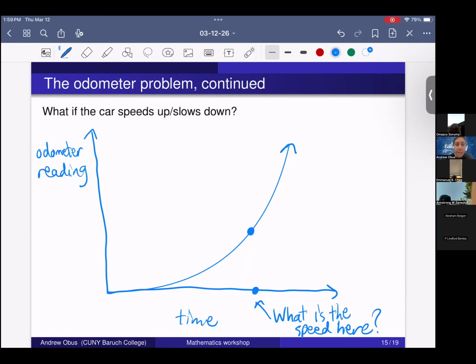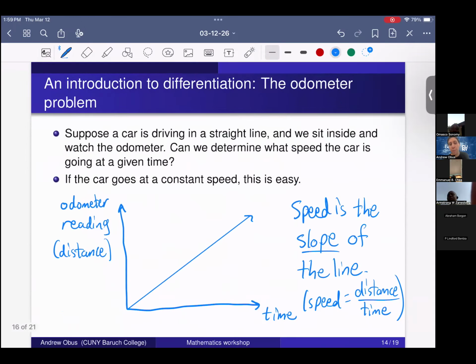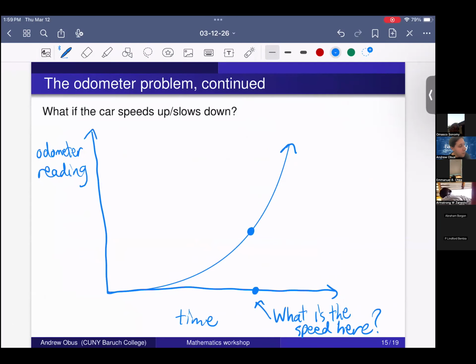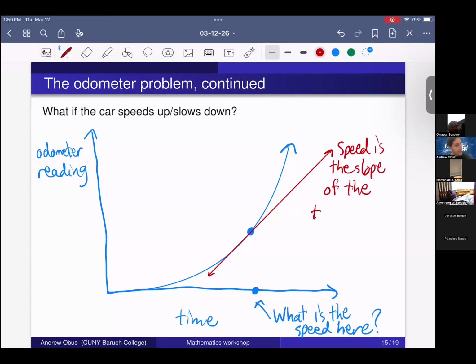The idea is that a speed is a slope. We saw already that when you're going at a constant speed, the speed is just the slope of the line. But when we go at a non-constant speed, it turns out that the speed is the slope of the tangent line to the graph. So if I draw the tangent line here, in this case the speed is the slope of the tangent line to the graph.